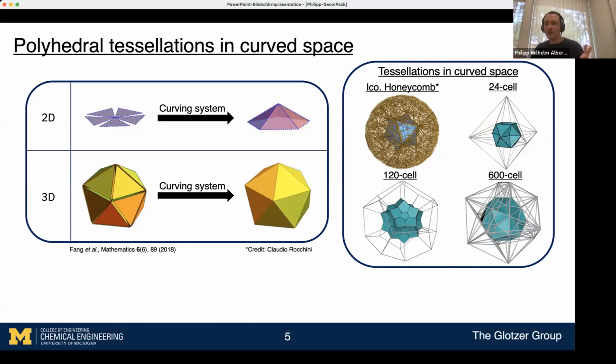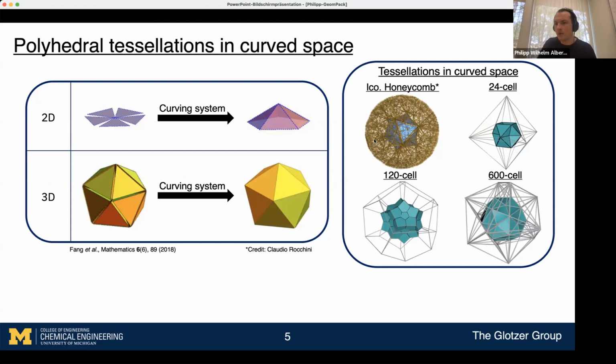And luckily for us, when we look at all these Platonic solids, we can identify exactly these kind of curved crystals for each of the other Platonic solids. So, for example, for the icosahedra, we can identify a tessellation in H3, so in hyperbolic space, where the particles perfectly align with each other and where they fill space perfectly.